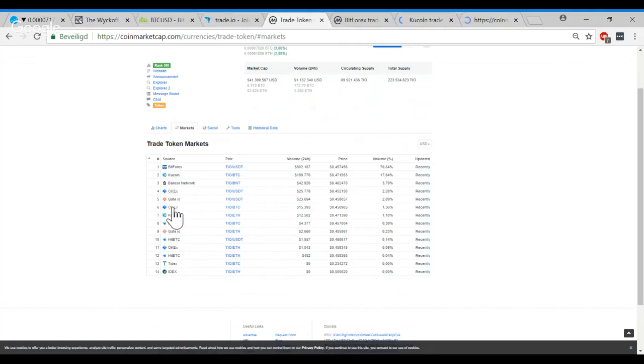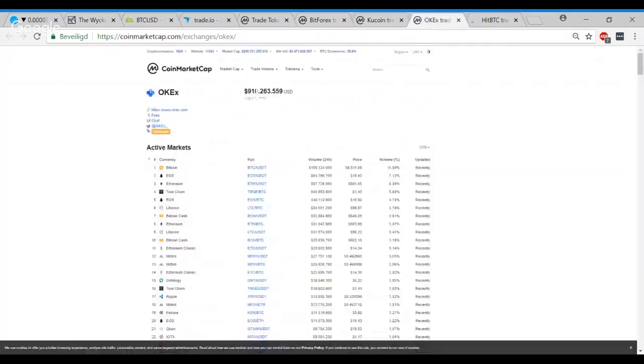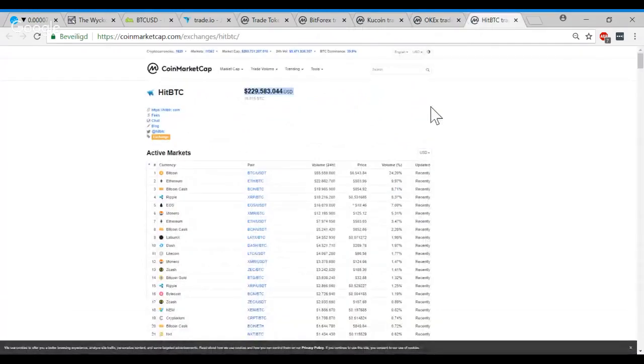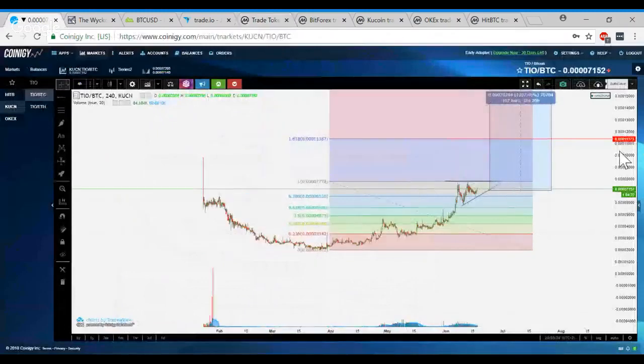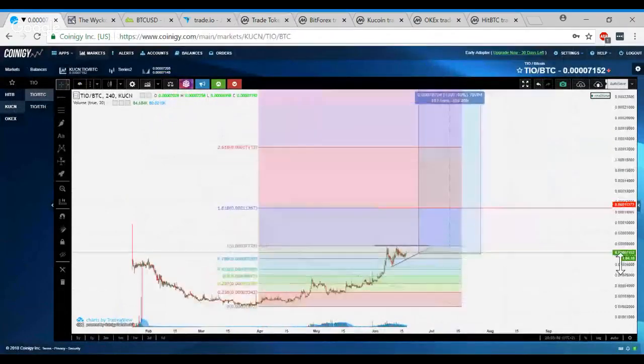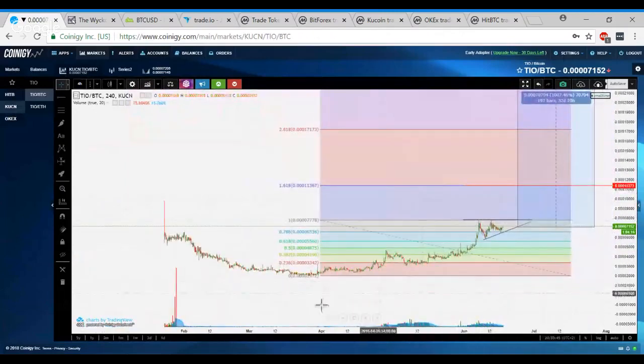If we open them up, you will see that Bitforex has 52 million volume, KuCoin 22 million, OKX almost a billion, HitBTC 300 million, and soon, of course, this will also be launched on the Trade.io exchange itself, giving it access to a lot of volume, which in turn it will need to moon, like I do expect it to moon. So I think this will be one of the top performers for this year. 10x for me is carefully estimated, and I'm pretty confident we can hit this target, no problem at all.